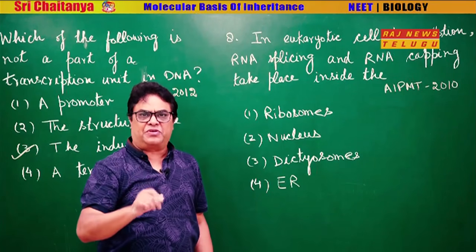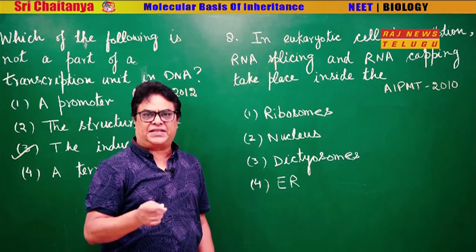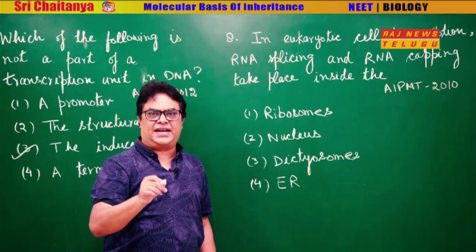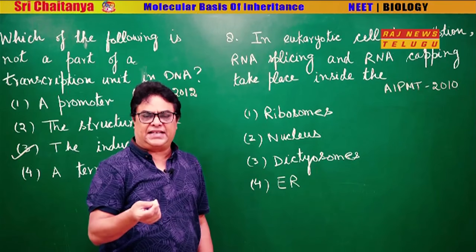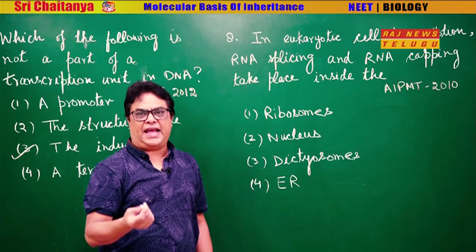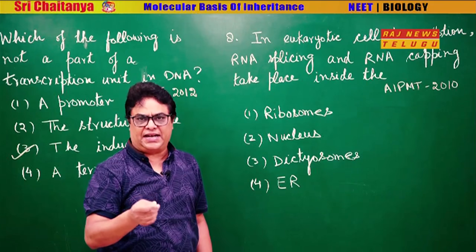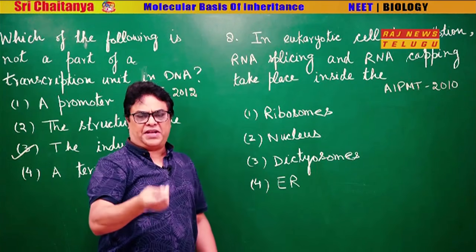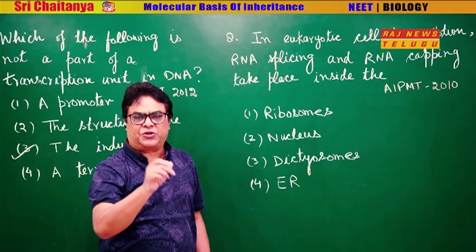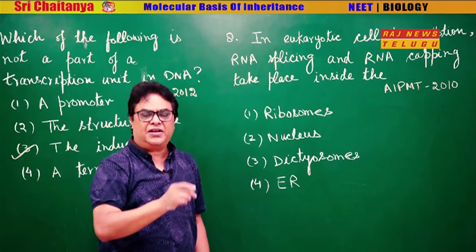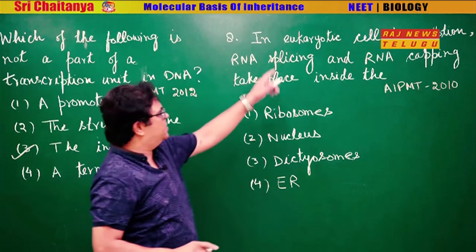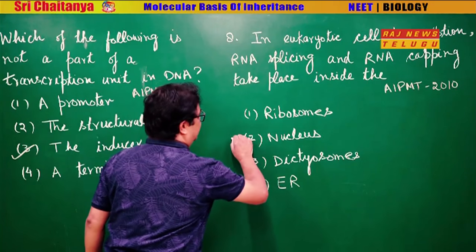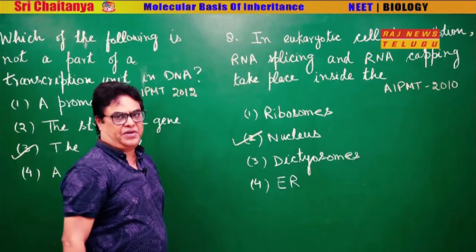So, within the nucleus transcription takes place to produce the hnRNA, then capping, tailing and splicing take place to form the mRNA from the hnRNA, and then this mRNA comes out from the nucleus into the cytoplasm through the pores in the nuclear membrane to undergo translation. It means all these processes take place inside the nucleus. So, our answer will be nucleus.